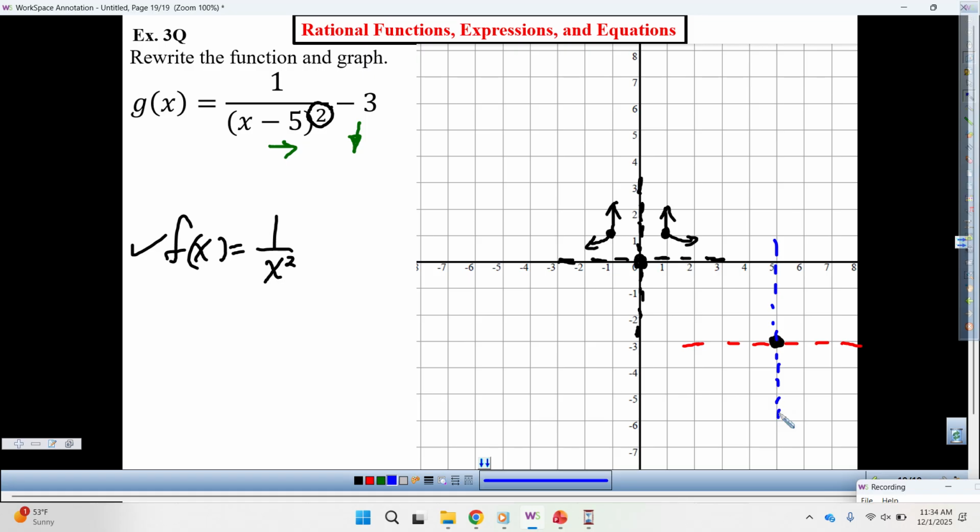So now that we have our asymptotes there, tell your neighbor, what 2 points am I going to use? Where do I place my new points? Eileen, pass someone. Leo, where do we place our new points?